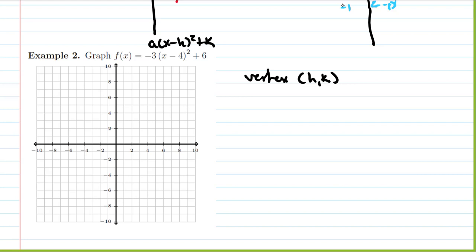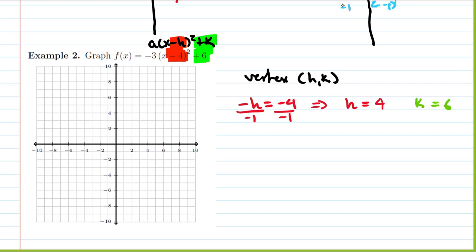In our formula here, we have negative h is equal to negative 4, because we have a minus sign in our formula. So when we divide by minus 1, divide by minus 1, this tells us that h is equal to positive 4. The k does not have a minus sign, so it will be just exactly what it says there, 6. So then our vertex is located at the point 4, 6.